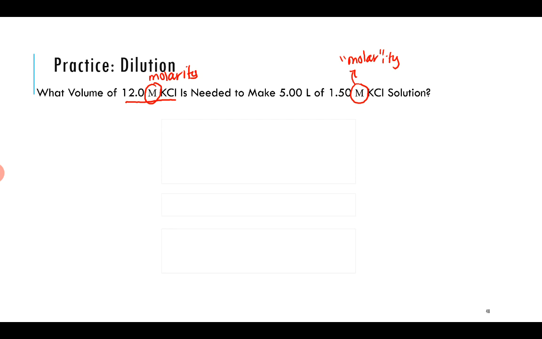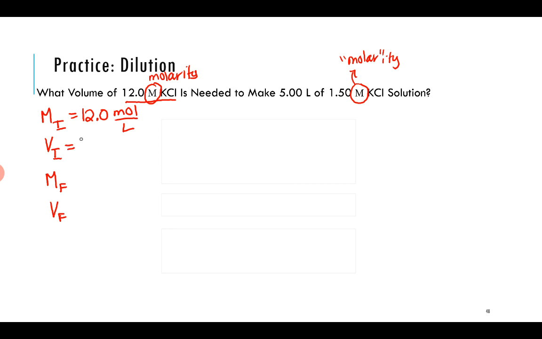And so I can start matching up my initial and final conditions. I'm going to write molarity initial, volume initial, and then molarity final, and then volume final. My initial molarity is 12.0 moles per liter.